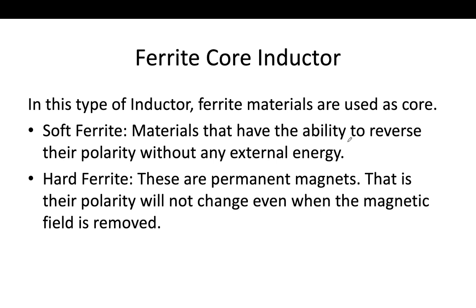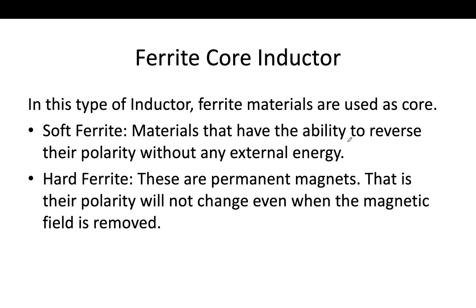Ferrite core inductors. In this type of inductor, ferrite material is used, as I told before. Instead of iron, ferrite is used. There are two types, soft or hard. Soft ferrite materials have the ability to reverse their polarity without any external energy. No external power is given to these materials.